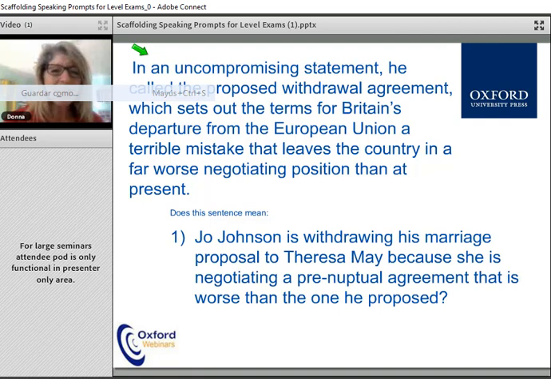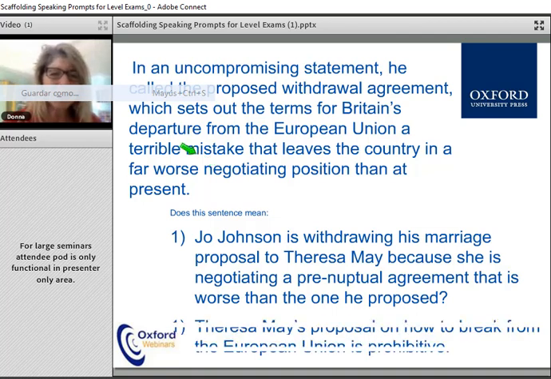Does this slide mean that Joe Johnson is withdrawing his marriage proposal to Theresa May because she's negotiating a prenuptial agreement that's worse than the one he proposed? Because we're using the word withdrawal, proposed, negotiating, okay? Or does it mean that Theresa May's proposal on how to break from the European Union is prohibitive?